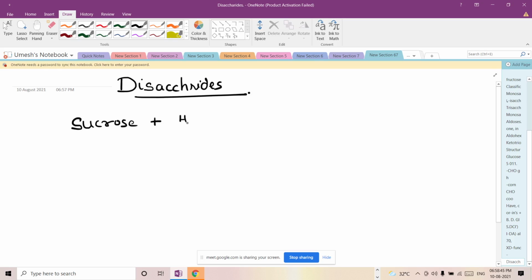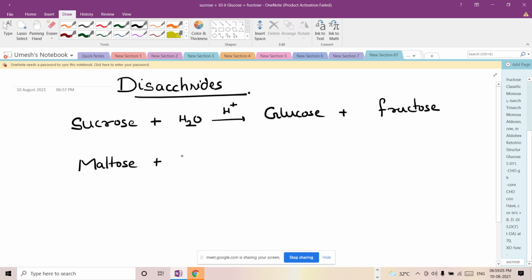For example, sucrose upon hydrolysis gives glucose and fructose. Maltose gives glucose and glucose, means two molecules of glucose.